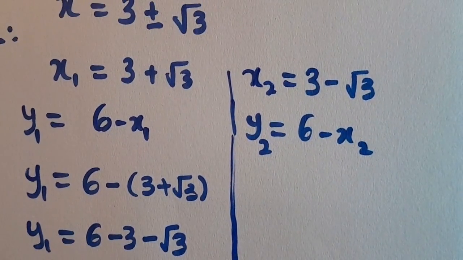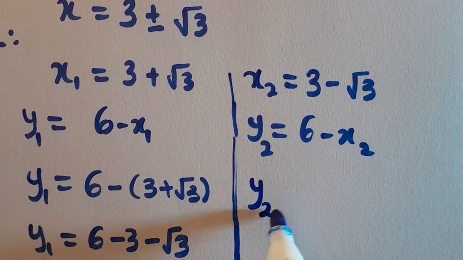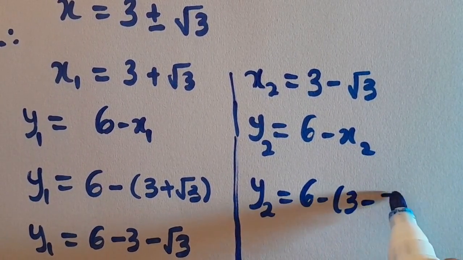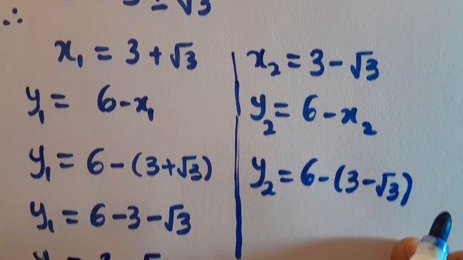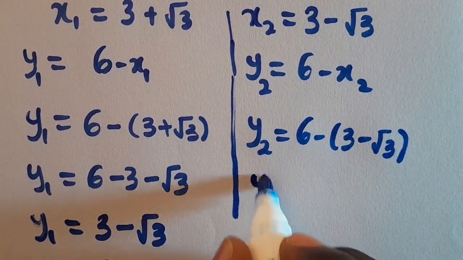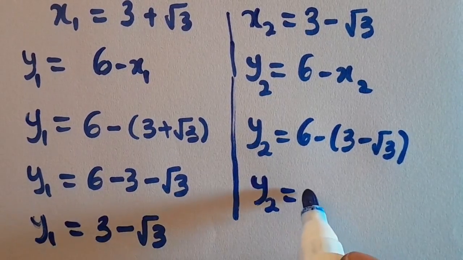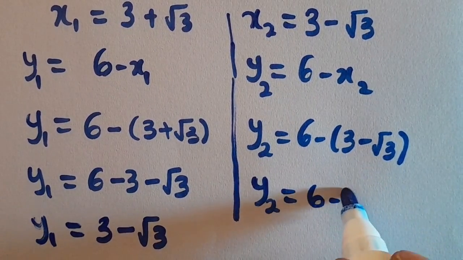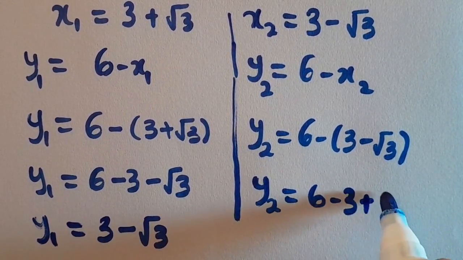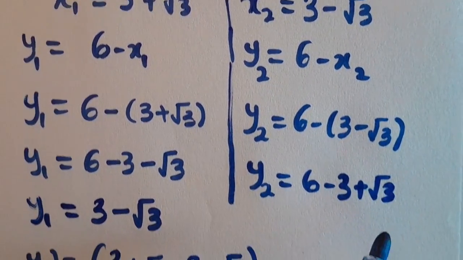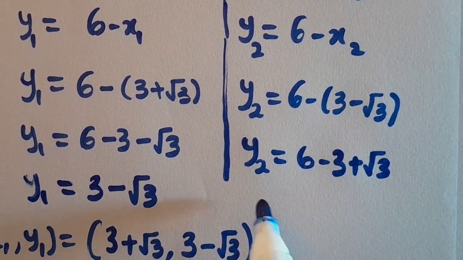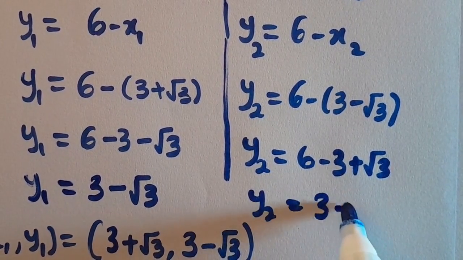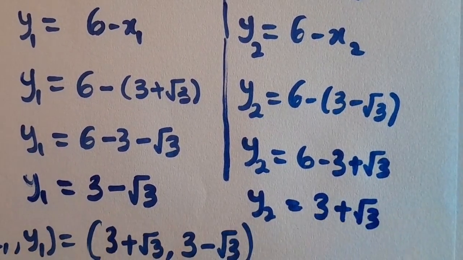So likewise from here, our y2 will be 6 minus, into bracket of 3 minus root 3. So we have our y2 equals 6, then this one will now be minus 3 plus root 3. And so therefore we have y2 equals 3 plus root 3.